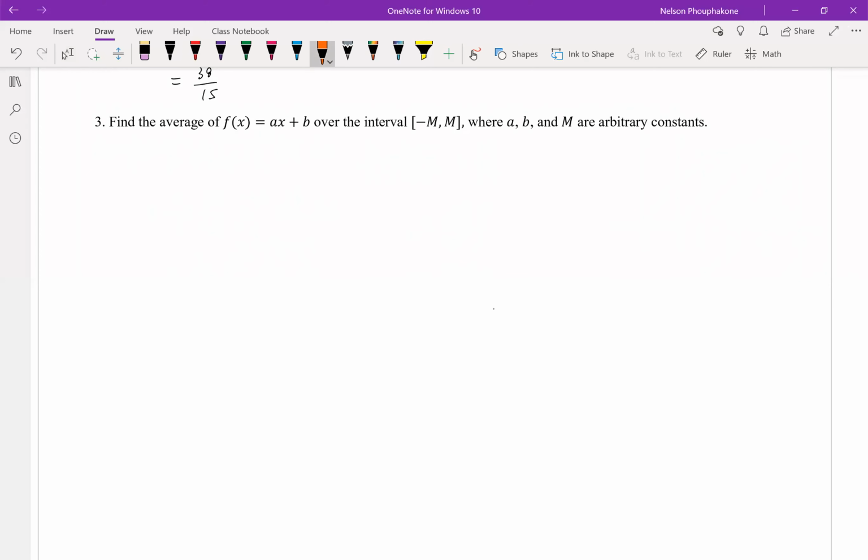So let us try just one single case right here, and consider that a and b are both positive. Then what do we want to do? I would like to make the interval negative m to m.